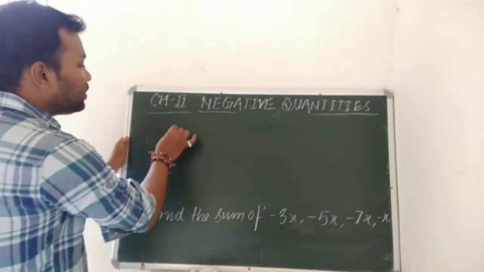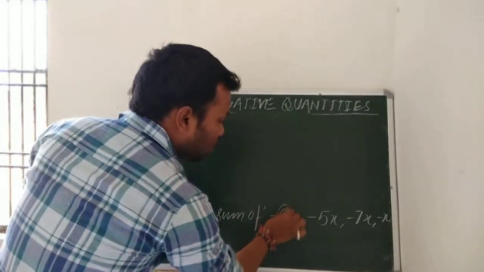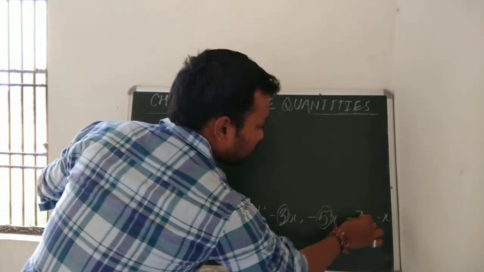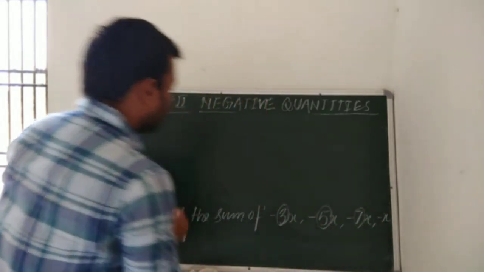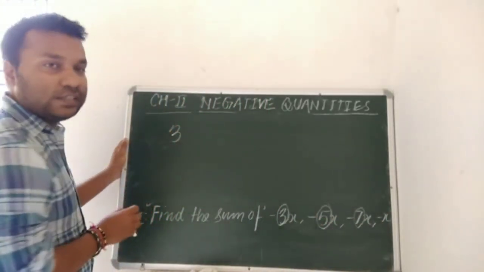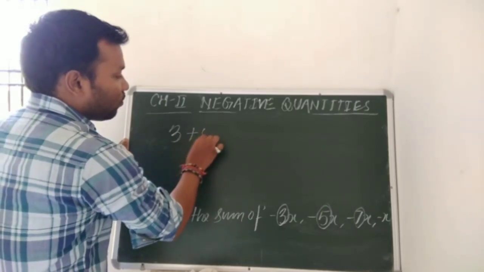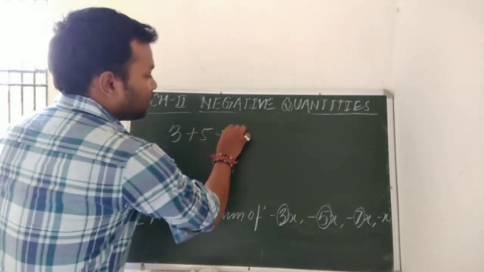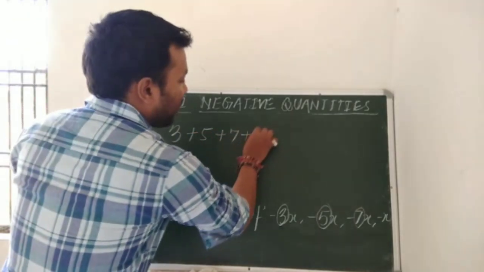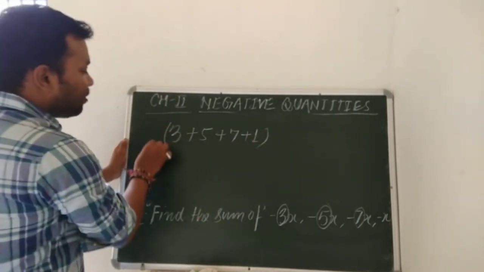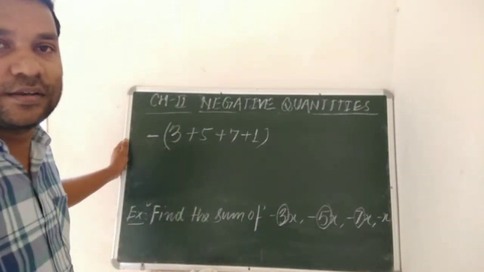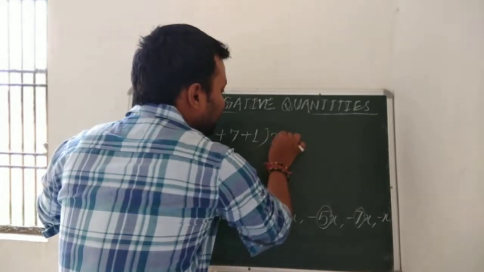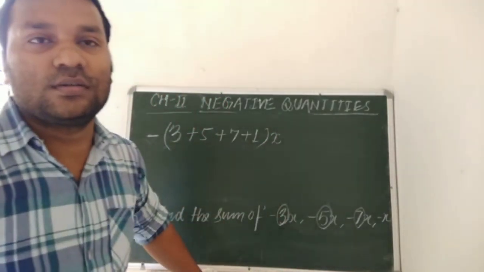That is, we will just take the numeric value of every coefficient. So what are the numeric values here? 3, 5, 7 and 1. And prefix the negative sign. And we'll take the same variable as given in the question.